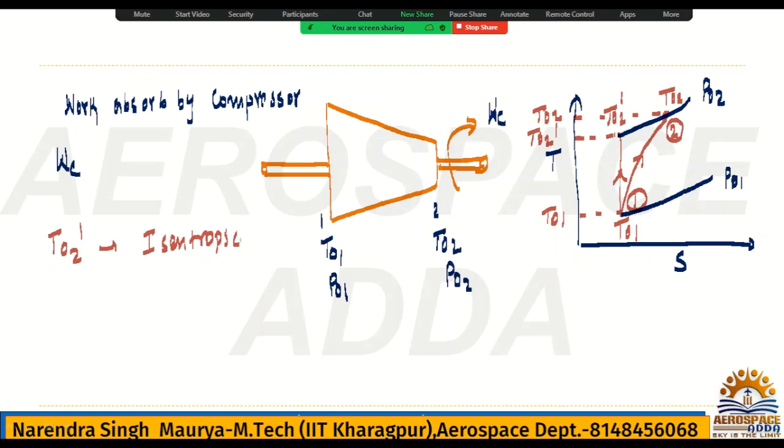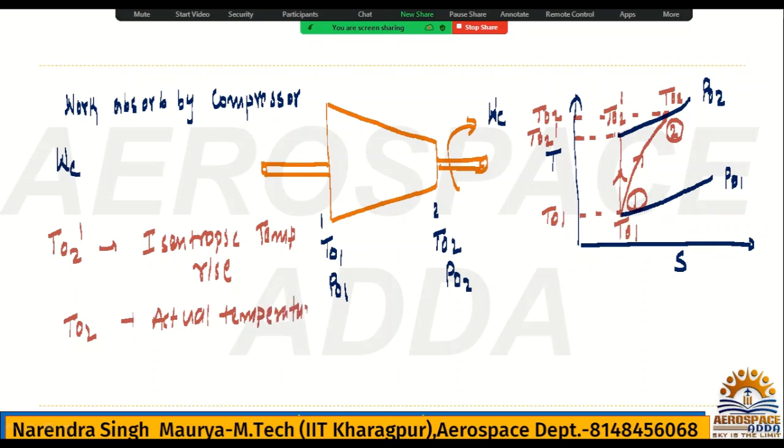To raise the pressure. Obviously when pressure rises, the temperature will rise. So it is called isentropic temperature rise. And T02 is the actual temperature rise. Hope this is very clear to you.